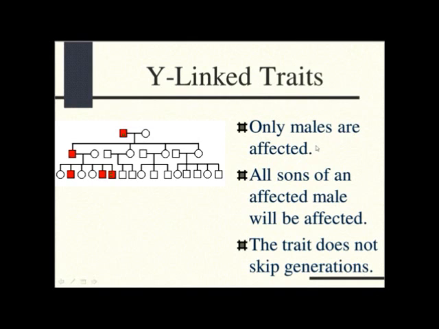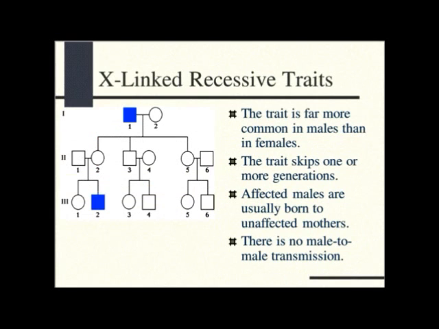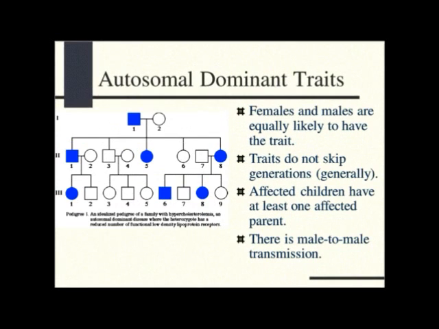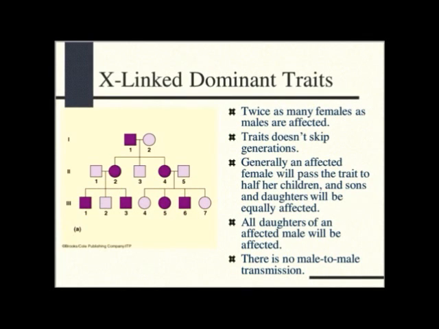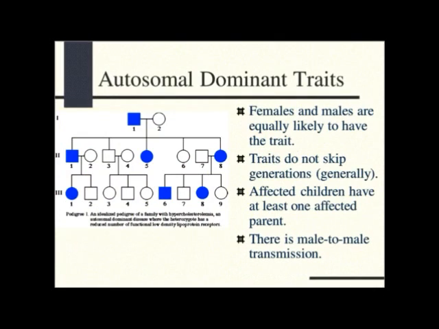All sons of an affected male are affected, and the trait does not skip generations. Remember, we had plenty of girls that had detached earlobes too. So based on that, we can infer that the trait in my family for detached earlobes is an autosomal dominant trait.